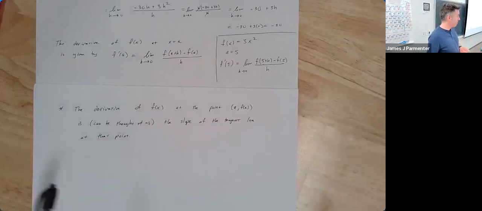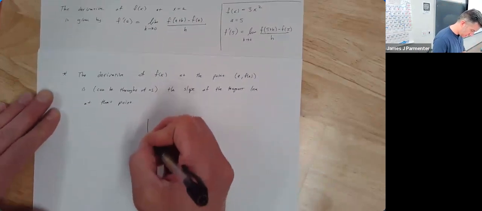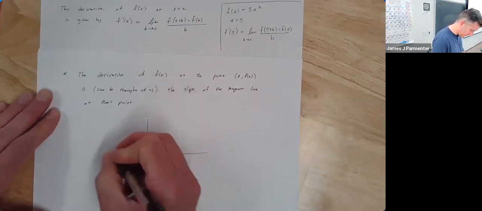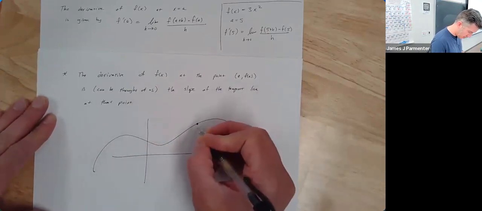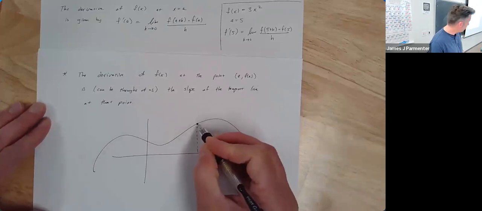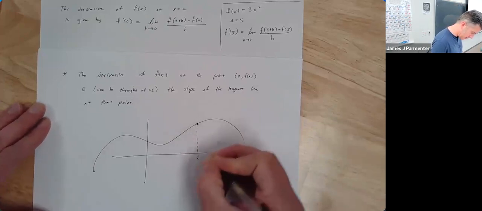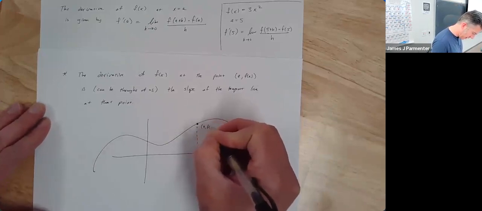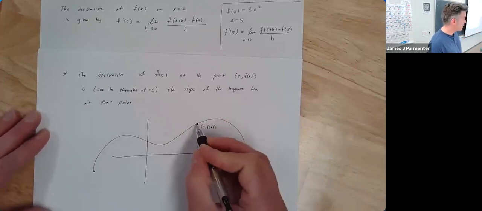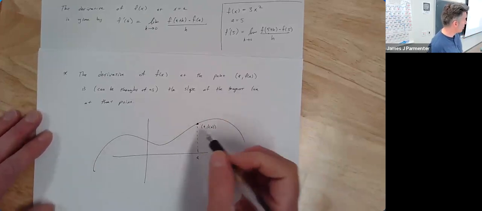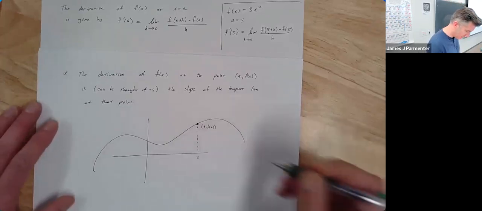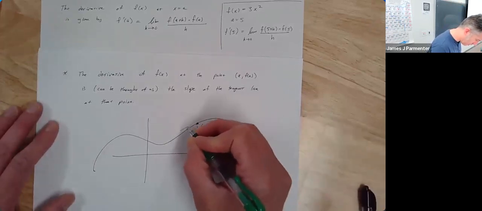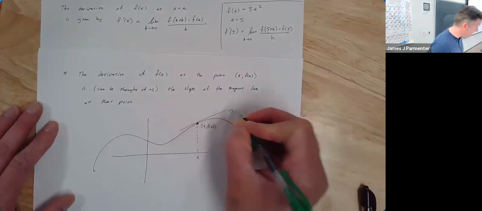So when we talk about the derivative being the slope of the tangent line, we're saying, well, in fact, let me just draw a little picture here. You've got some function that looks like that, and you want to find, say, what's happening here. Well, right here at this point, a comma f of a, this function is increasing, right? It's getting bigger from left to right. And the rate at which it is increasing is approximately the slope of this tangent line.